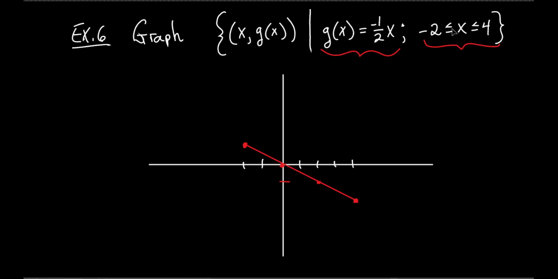Now, it says less than or equal on both of these. That's why I put the solid dot. What if it just said less than? Would it keep on going if you said less than? And it'd be an open circle, right? It'd just be an open circle, okay? So you got to look for that. Sometimes one of them will just be less than and the other one will be less than or equal to. So what if they both said less than?